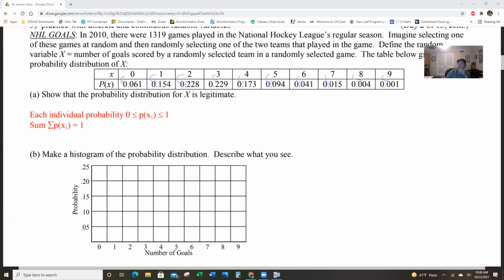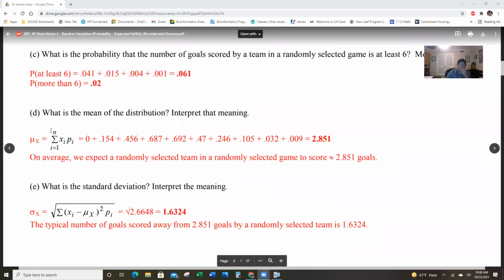Wow. Now, usually on the AP test, they don't give you a chart with 10 items. They give you like 3 or 4, so it's a lot easier. This is overkill, okay?